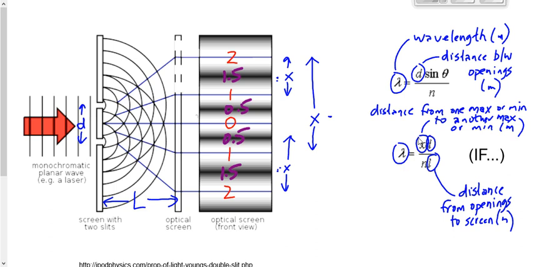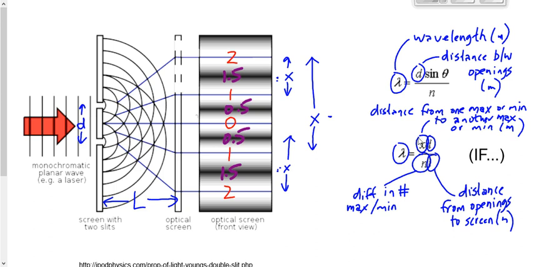All 3 different numbers, they all get the same correct answer. Yes, it's related to n. N is the difference in the number for the max or min. It's just a number. No meters, nothing like that, just a number.